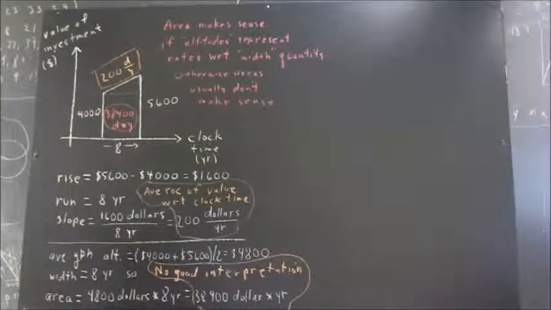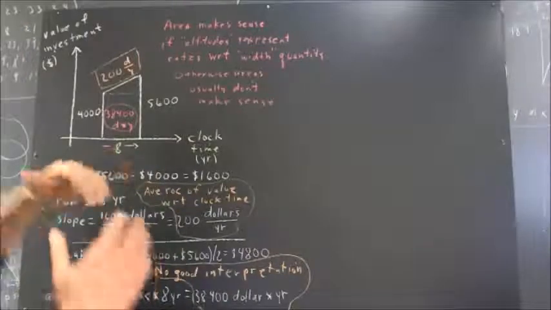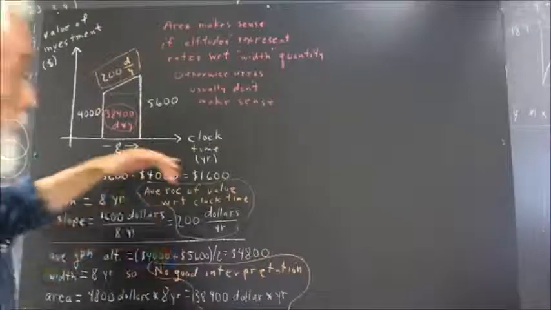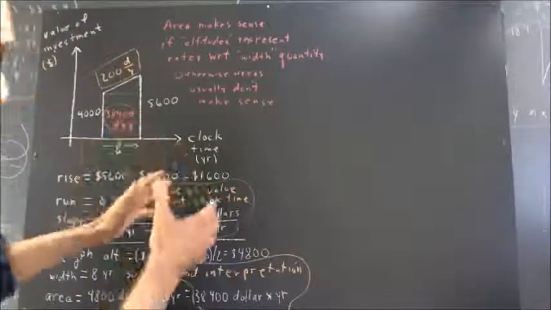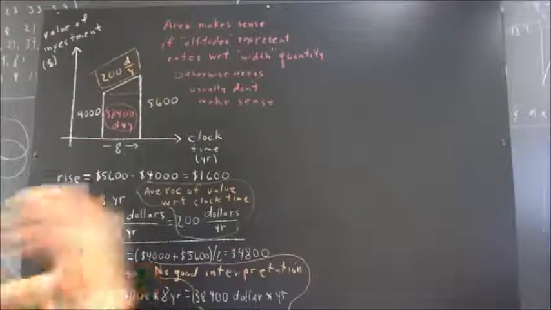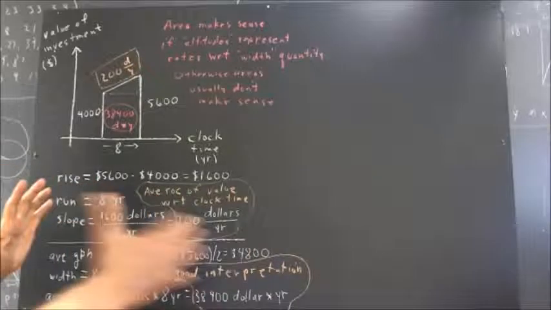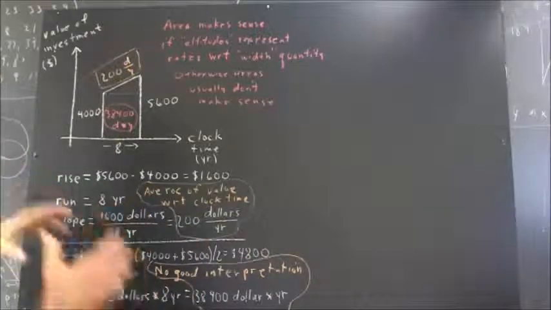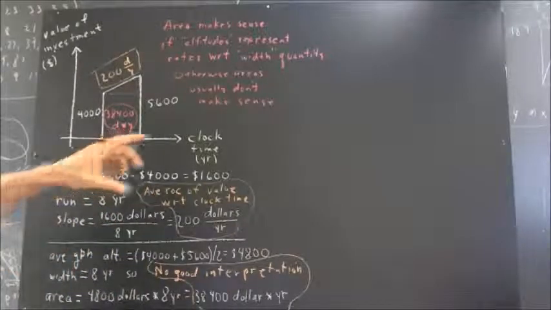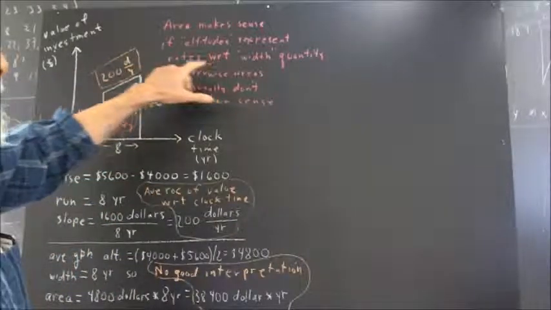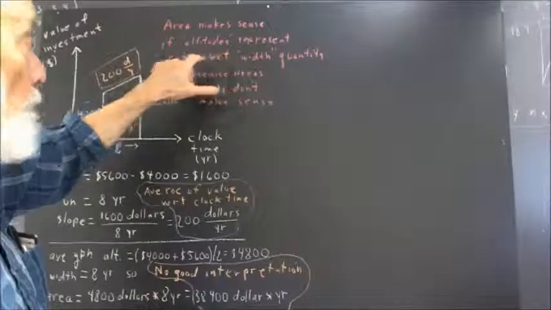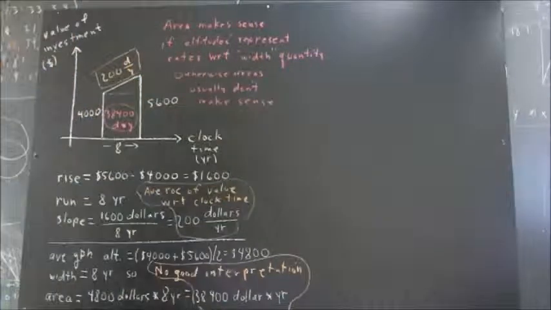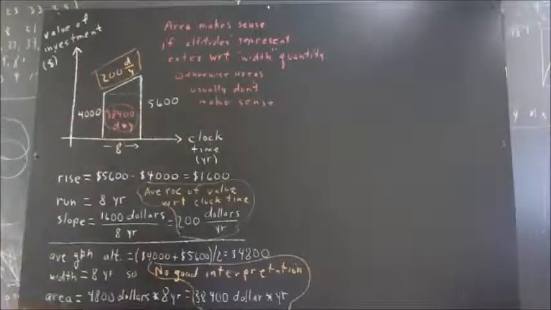In the preceding example, the altitude quantity was rate of pay with respect to time, so many dollars per year. So when we multiplied that by a change in the amount of time, we got a number of dollars, the number of dollars earned. That's a case where the altitudes represent a rate, the rates with respect to the width quantity being time, clock time in both of these cases.